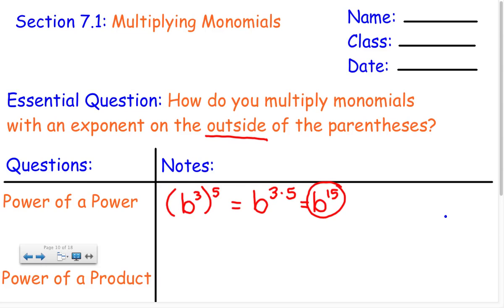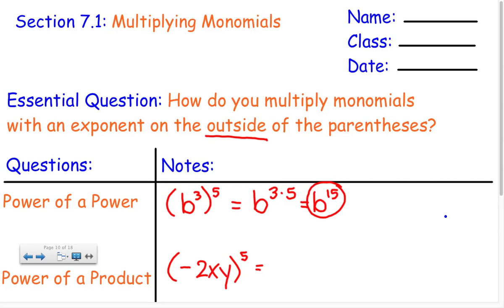Power of a product would be if I have, for example, negative 2xy to the fifth.